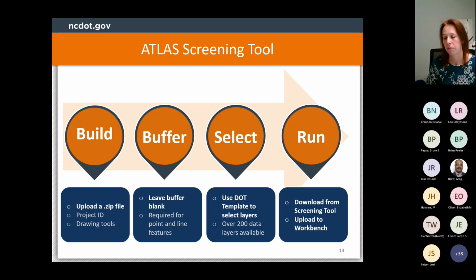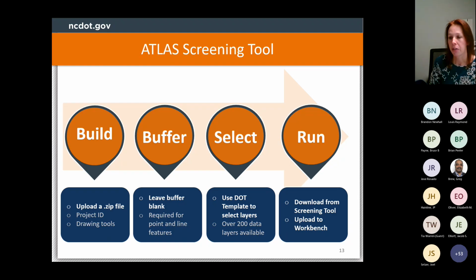And you don't need a buffer in order to have the report provide you with the accurate data. If you were to do a point or a line feature, rather than uploading your own polygon, you would be required to use the buffer just to give you a polygon shape. In this case, you don't need to put a 0 for the buffer. You can just leave it blank.